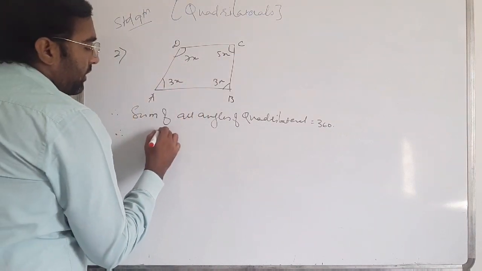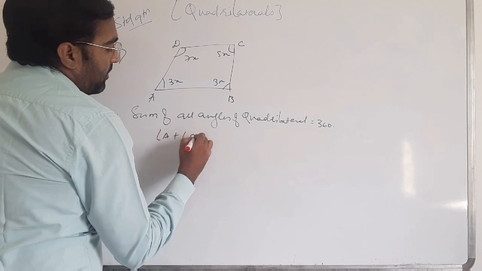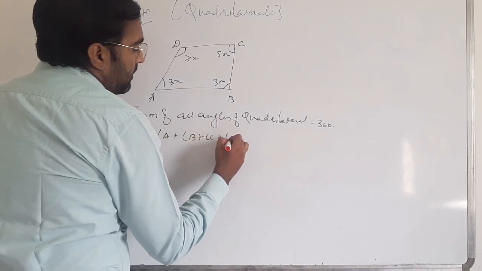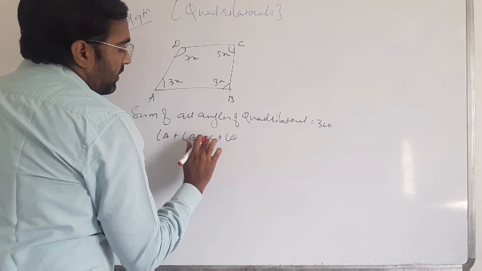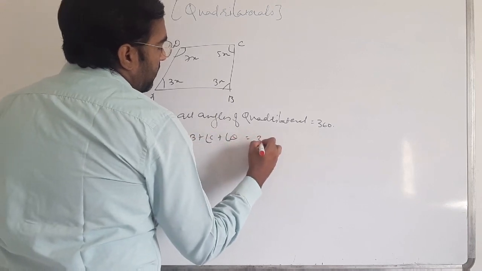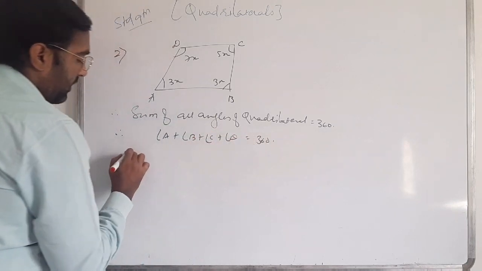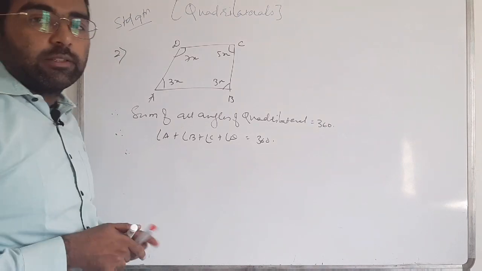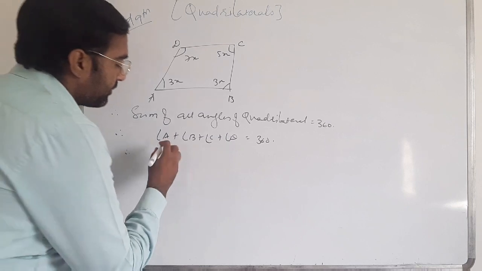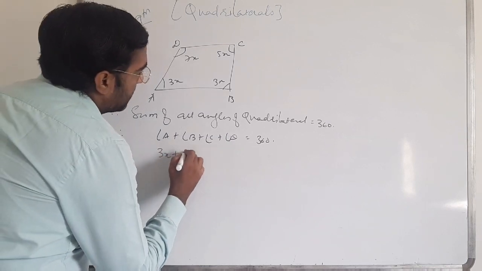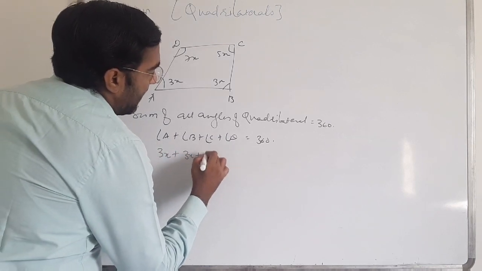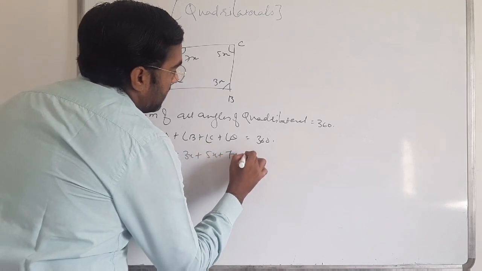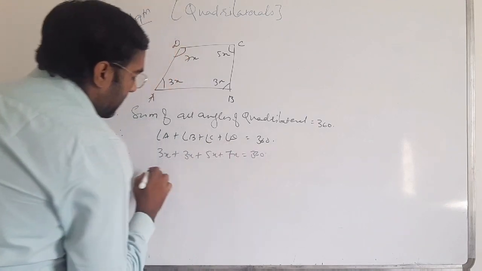So therefore angle A plus angle B plus angle C plus angle D is equal to 360 degrees. So angle A is given as 3x. Okay, so 3x plus 3x plus 5x plus 7x is equal to 360 degrees.